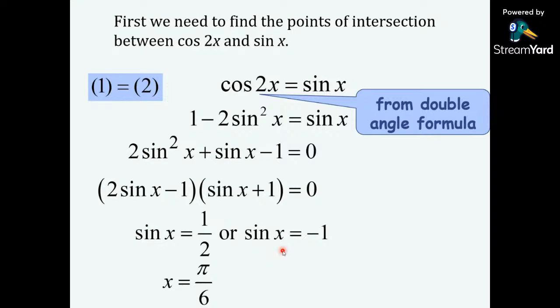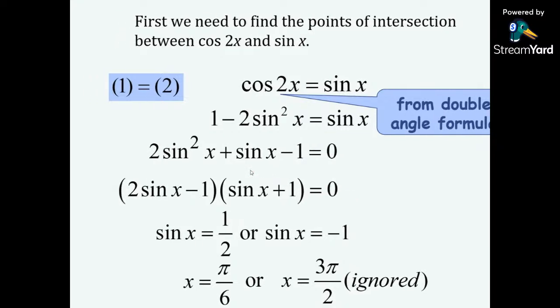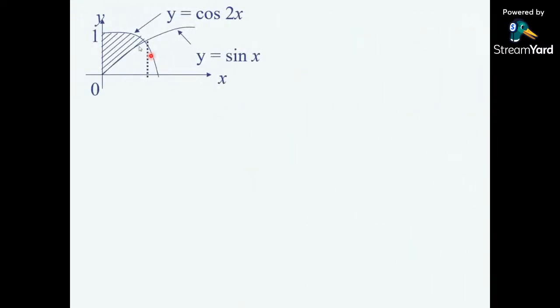Hence, the x value will be pi over 6 and 3 pi over 2. We ignore this value because we just deal with the first quadrant. Now we only look at the first quadrant, so I have pi over 6.